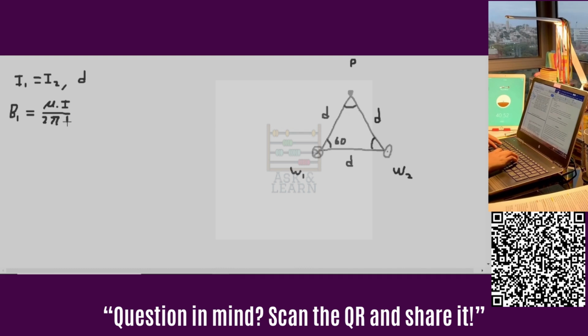So I will just put d. And that gives you the magnetic field from our wire up to the point, which is the distance d.